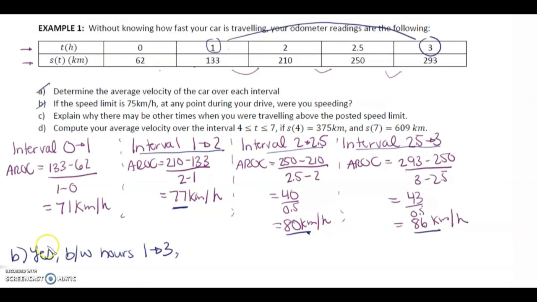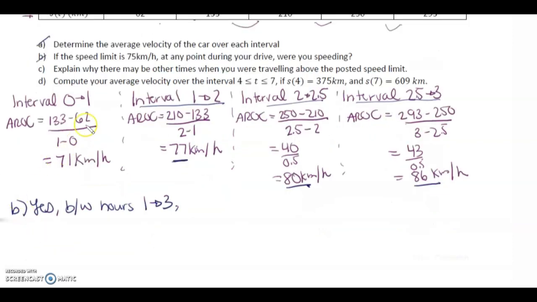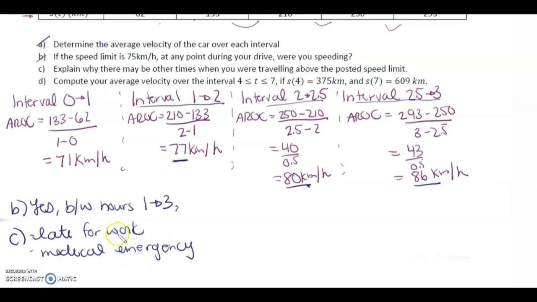Okay, and C, explain why there may be other times when you are traveling above the posted speed limit. Okay, so why in real life would you travel above the posted speed limit? Possibly late for work, possible medical emergency, maybe you had to go to the bathroom.